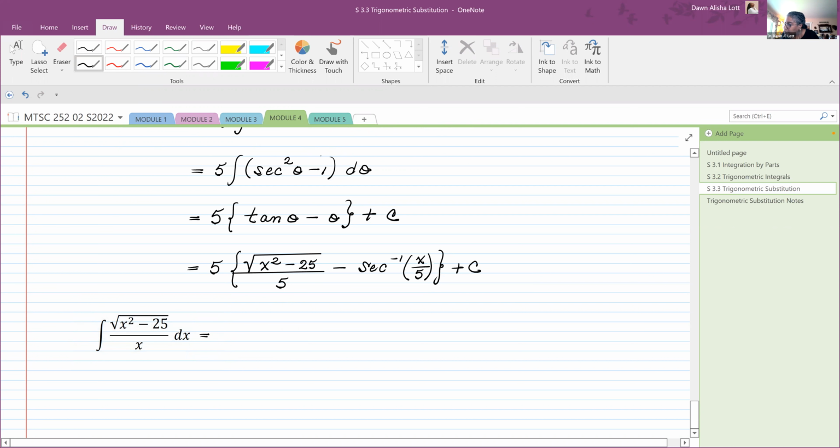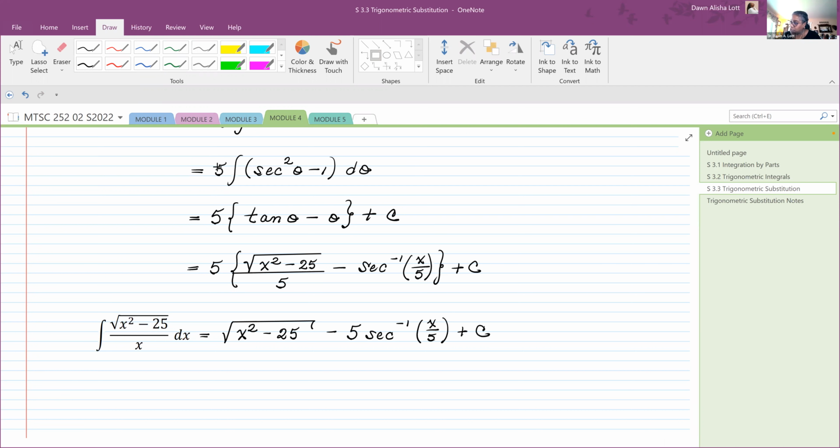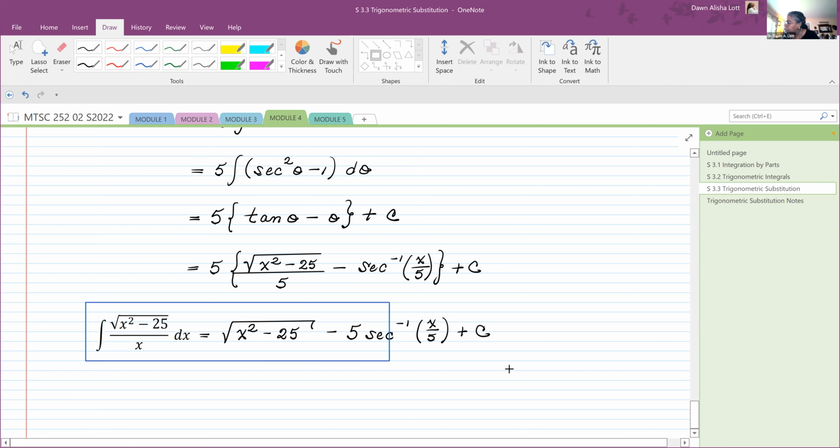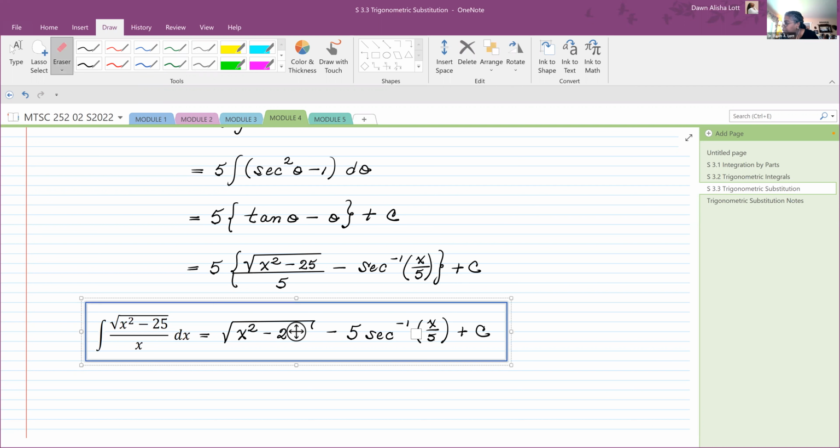I'm going to divide that 5 and get the square root of x squared minus 25, minus 5, the secant inverse of x over 5, plus a constant. And then it's an answer, so I'm just going to square it in blue, and there you go. Let's make that look more like a 5.